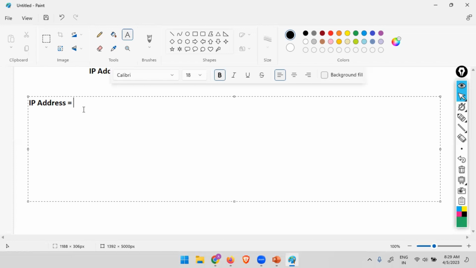So we can say an IP address is a unique logical address that is used to identify a node in a network.